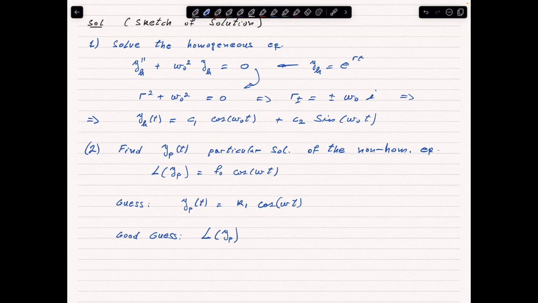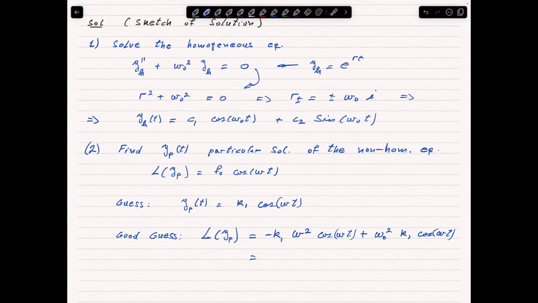Well, we are going to have a second derivative of the cosine, which is going to be k1, and then negative omega square cosine of omega t, and then we have the term plus omega natural frequency square times the function, which is k1 cosine of omega t.